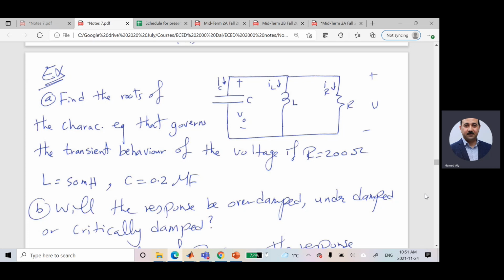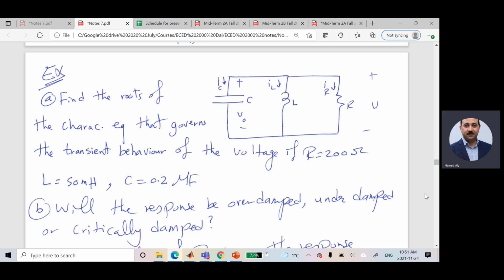What are those? If your equation is a function of the voltage, I will try to find V of 0 and dV of 0 by dt. If I'm using the equation of the current, I will find I of 0 and di of 0 by dt.